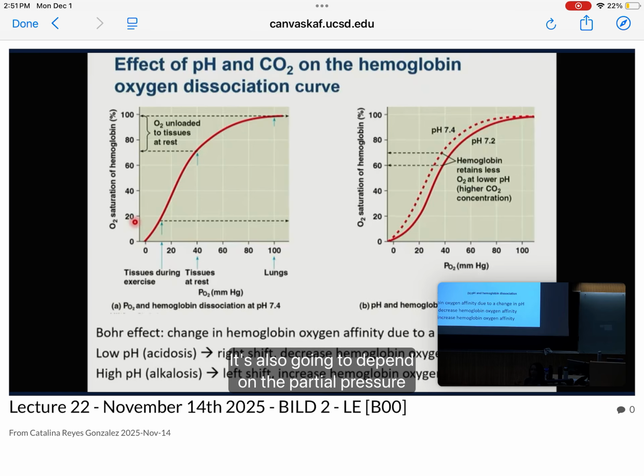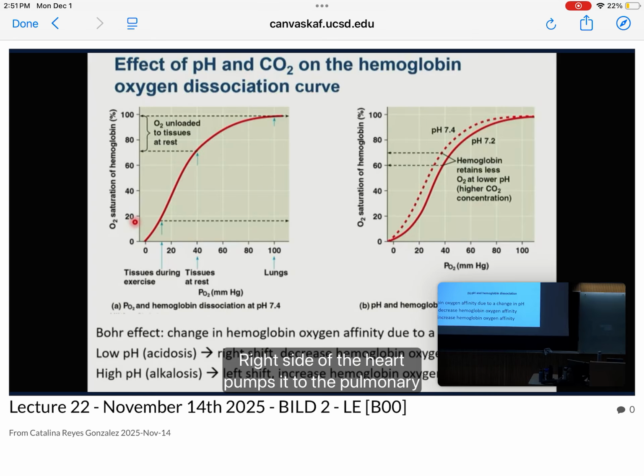Then hemoglobin picks up the CO2. It also depends on the partial pressure of CO2, because the tissues are extracting the oxygen and producing CO2 as a byproduct of metabolism. So at the level of the tissue, we now generate venous blood, which has lower oxygen and high CO2, so the hemoglobin in the venous blood binds that CO2 and takes it in the venous circulation back to the right side of the heart.